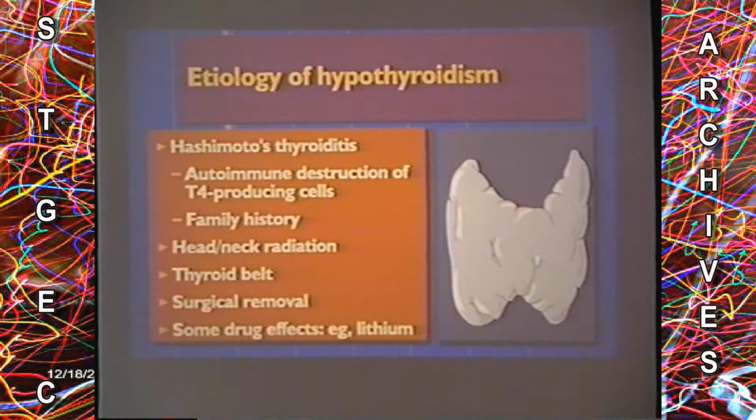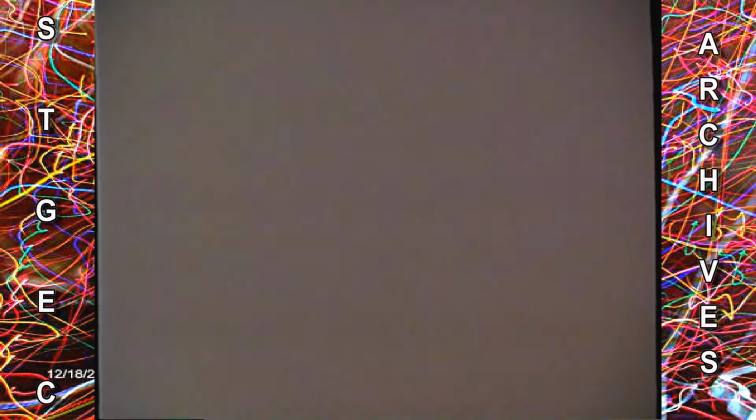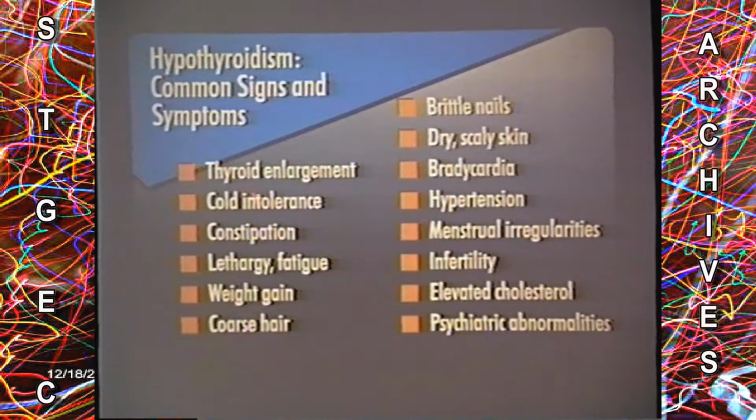If they're on amiodarone, that's also a common drug that can cause thyroid dysfunction. Okay. So signs and symptoms, cold intolerance, constipation, lethargy, so things that slow down. Okay. They can also have thyroid enlargement, slow heart rate, irregular menses, elevated cholesterol. Okay, and we'll go to that in a short while.